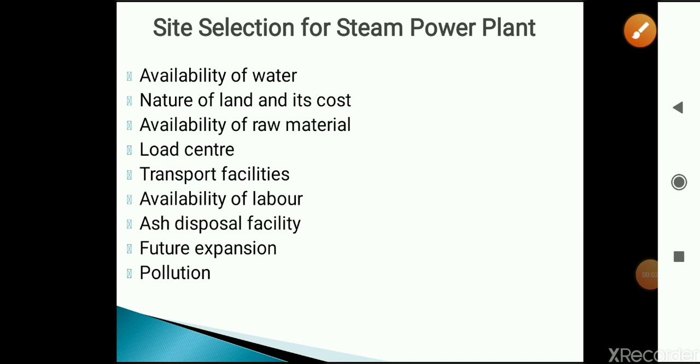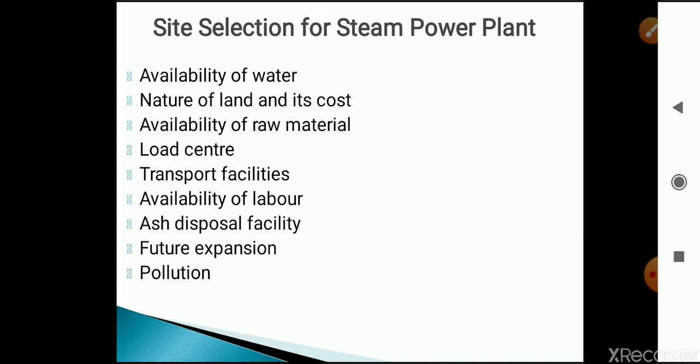There are some important parameters which are to be considered while selecting a site for a thermal power plant. First is availability of water. There should be an adequate quantity of water available at that site to generate the electricity. Second one is nature of land and its cost.